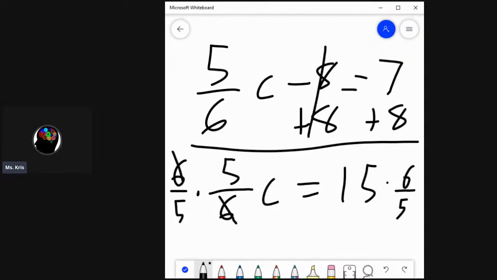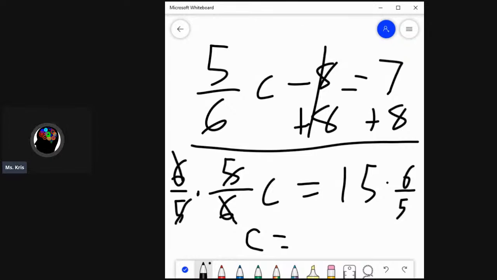If I have 5 in the numerator of my second fraction and a 5 in the denominator of my first fraction, those two can cancel. Once you cancel out all the numbers, what you're left with is the letter C. So then, you can say 15 times 6 and then divide it by 5.